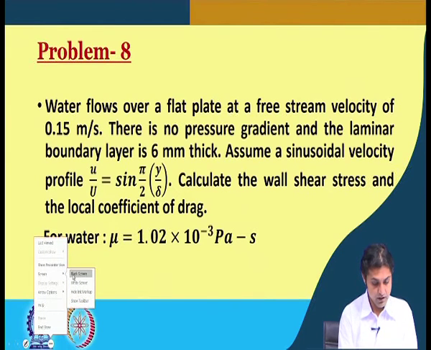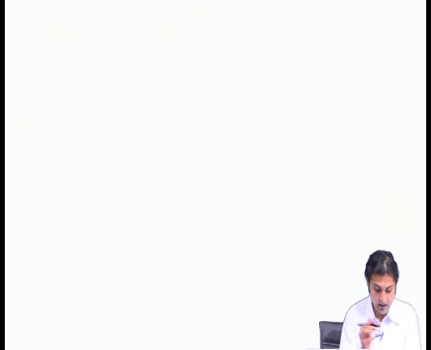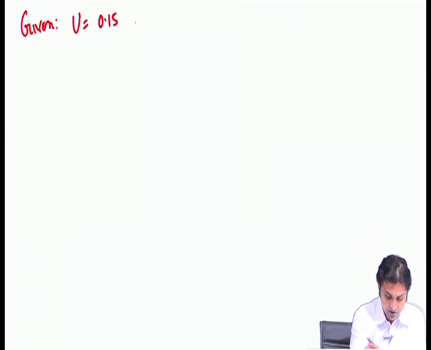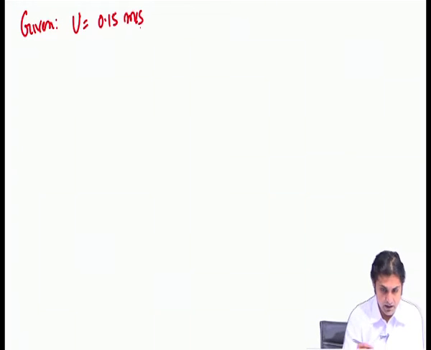So, as always, we are going to have the things that are given. So, given capital U is 0.15 meters per second.